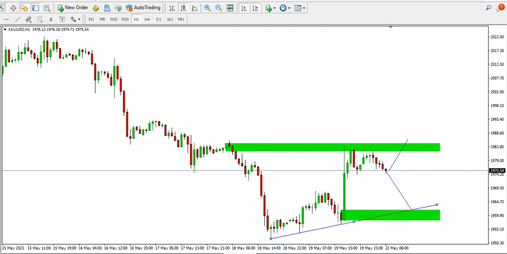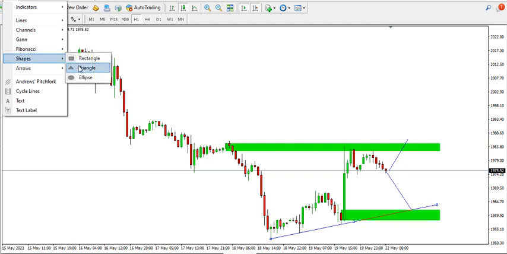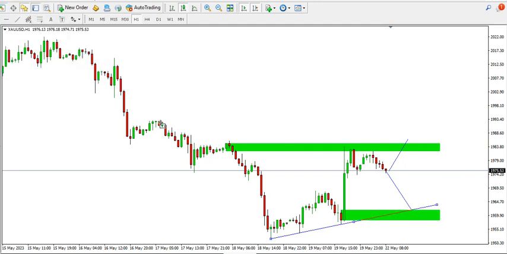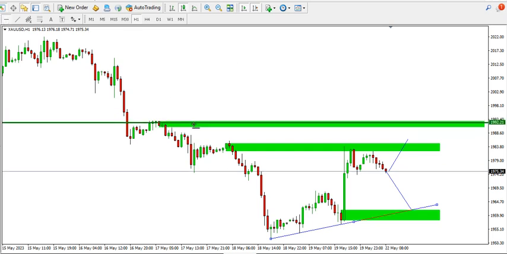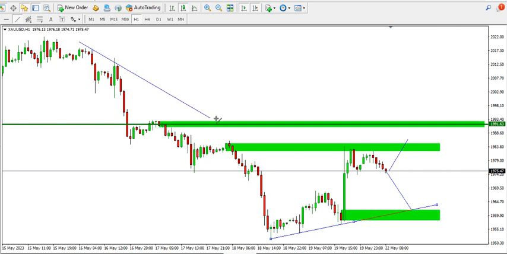This should be the next order block, which is around 1991, a resistance area.